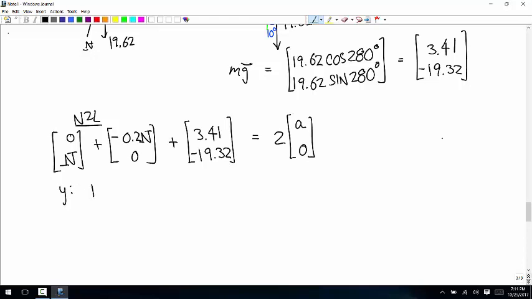The y equation says the normal force is equal to 19.32.